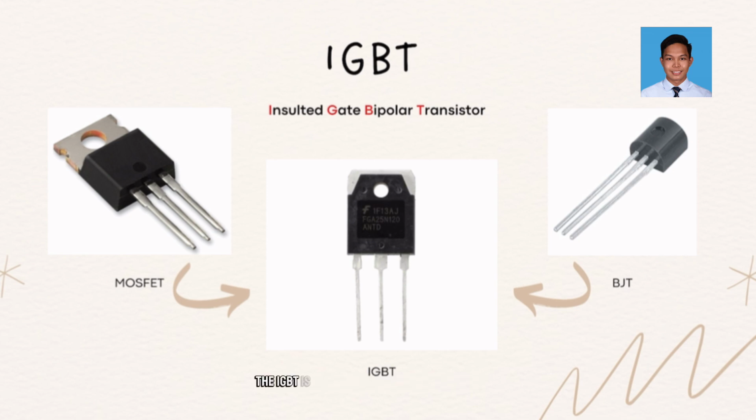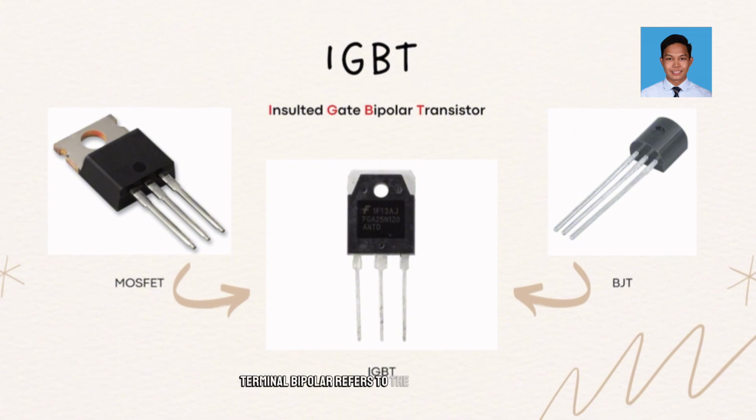The IGBT is the combination of BJT and MOSFET. Its name also implies the fusion between them. Insulated gate refers to the input part of MOSFET having very high input impedance. It does not draw any input current, rather it operates on the voltage at its gate terminal.